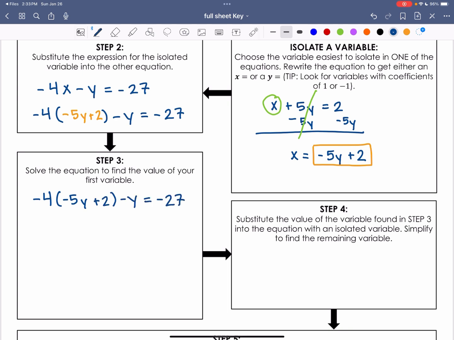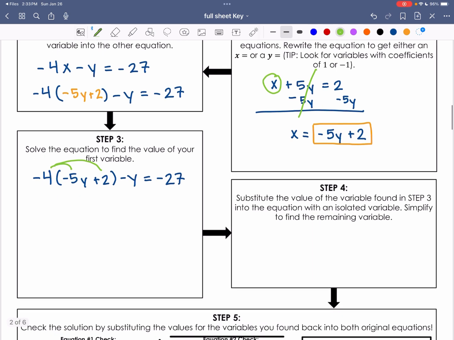Step 3 says solve that equation to find the value of our first variable. So we will do some distributing and combining like terms to get us started. And then just be very mindful of your sign. So a negative 4 times a negative 5y becomes a positive 20y. And then negative 4 times positive 2 becomes minus 8.